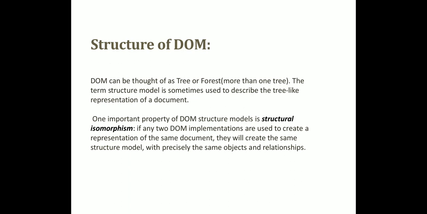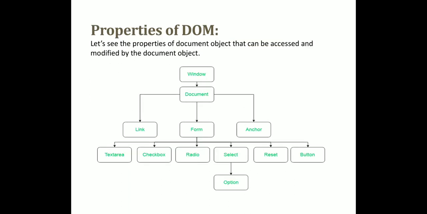So this becomes the example for structural isomorphism. Definitely they will create the same structure model with precisely the same objects and relationships, because we are using the same document and two DOMs.